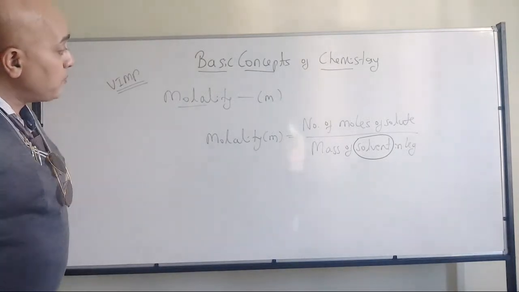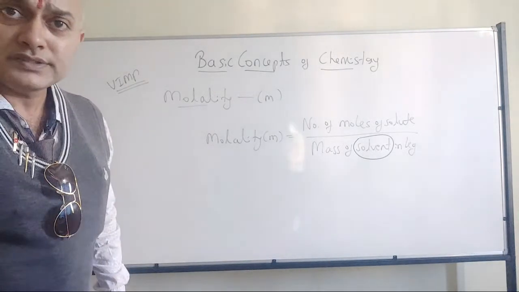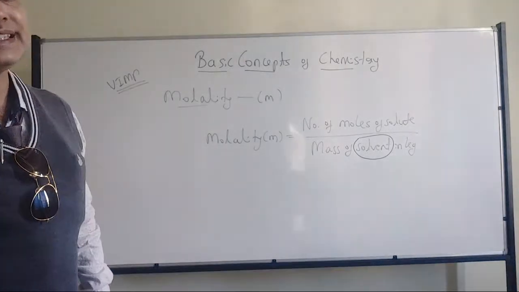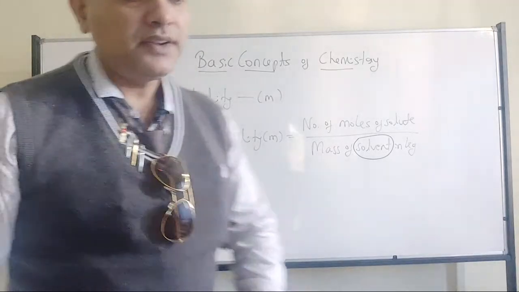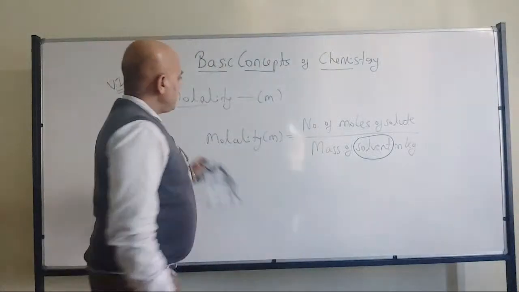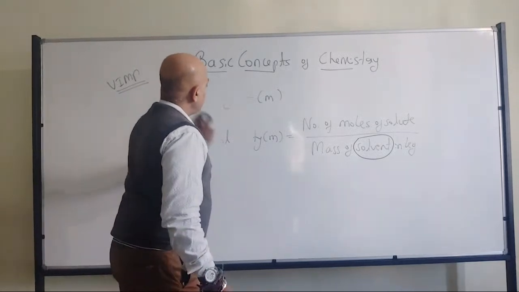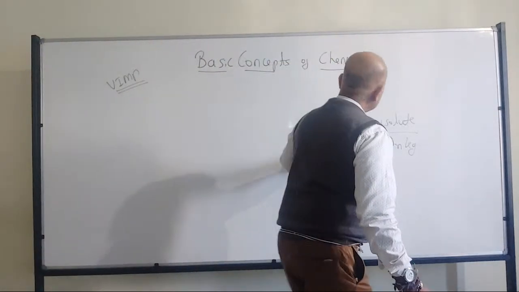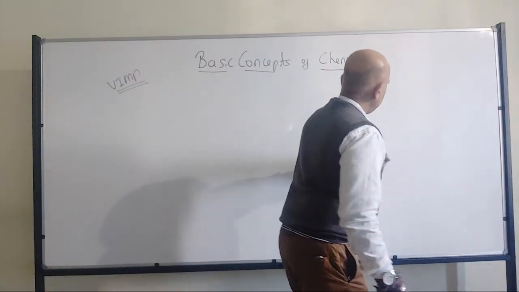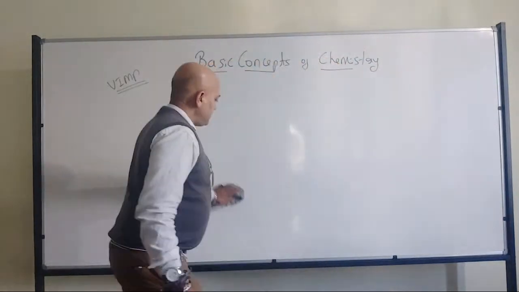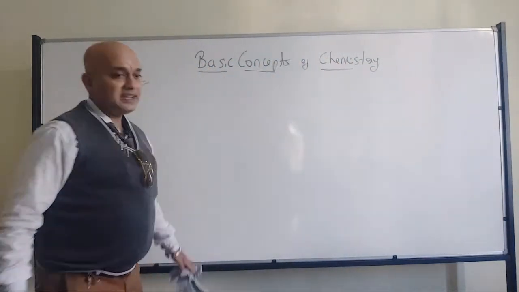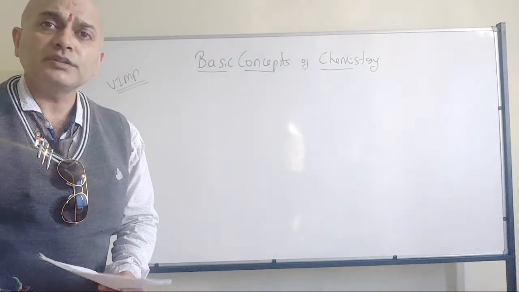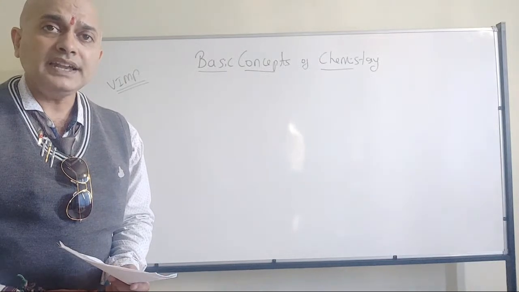So molality is the number of moles of solute dissolved in the mass of solvent in kg. You should not forget. Symbolically, it is small m. Capital M is meant for molarity. Here it is small m. Shall we solve some problems related to molality?